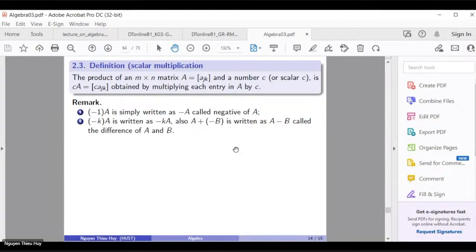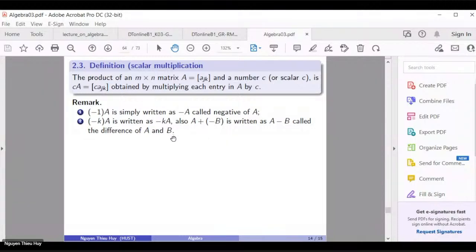And A minus B means that I add A plus minus B, and minus B means -1 multiply B. You know? And we call that the difference of A and B. So the difference means the addition of the opposite element.